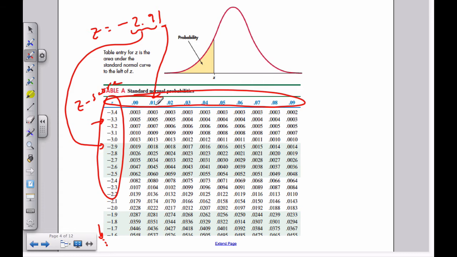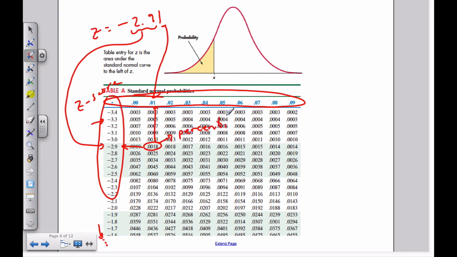So 2.91 is actually this number right here, because we've got our negative 2.9, and then we've got the 1 in the hundredth spot. So my percentile is 0.0018. This becomes my percentile.